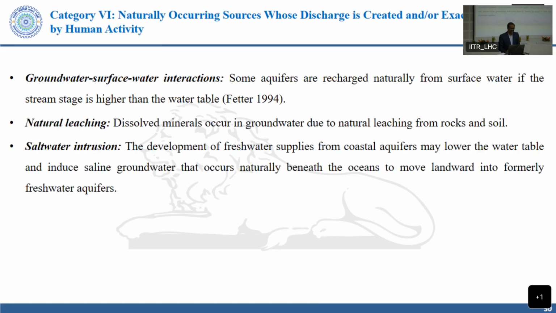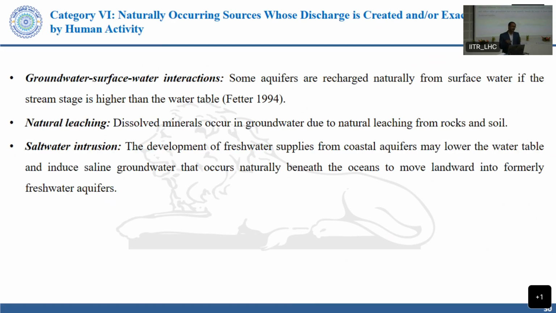Category 6 is the naturally occurring sources whose discharge is created or exacerbated by human activity. So this is due to human activity. Groundwater-surface water interaction: some aquifers are recharged naturally from surface water if the stream stage is higher than the water table.